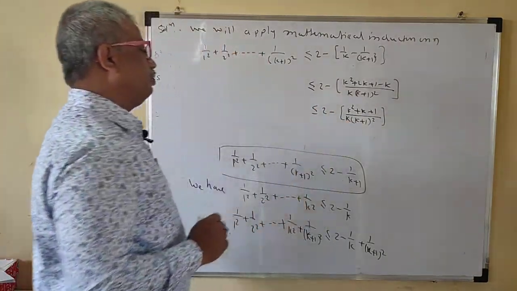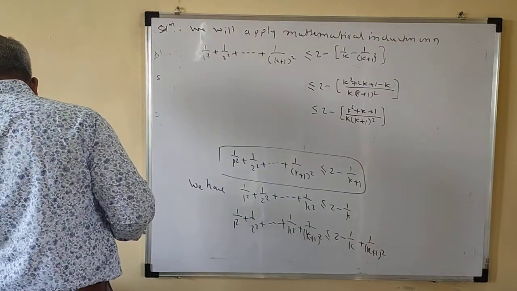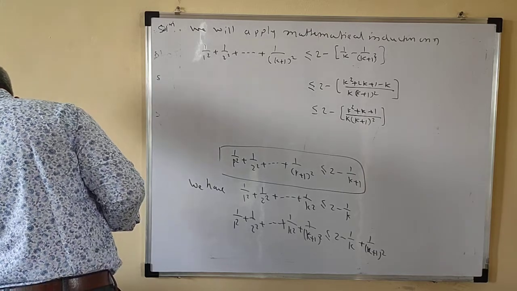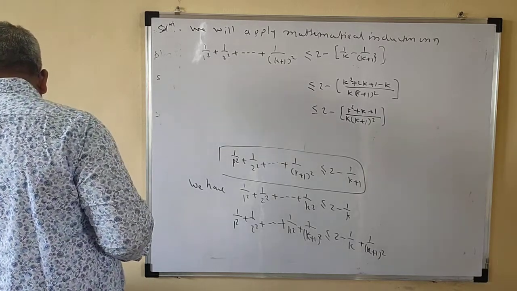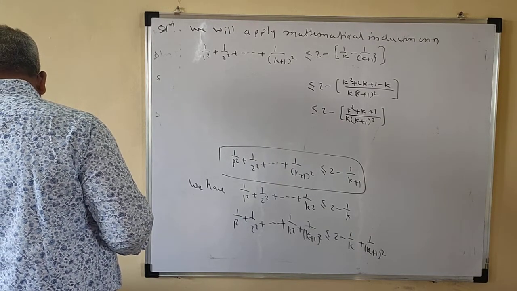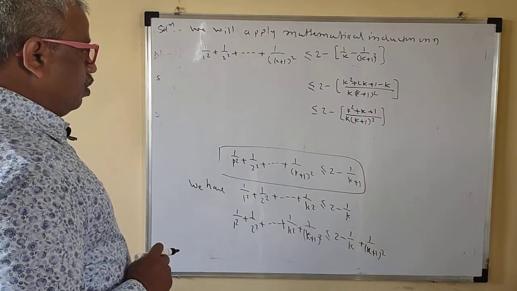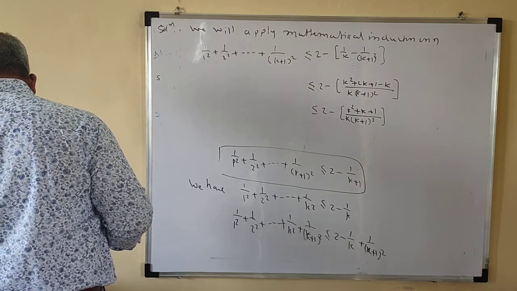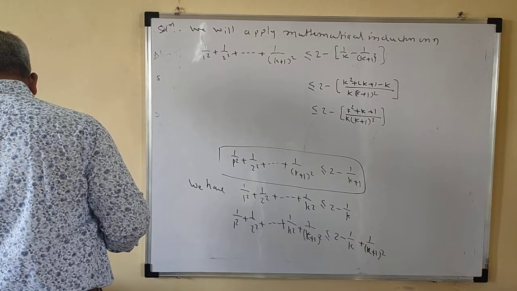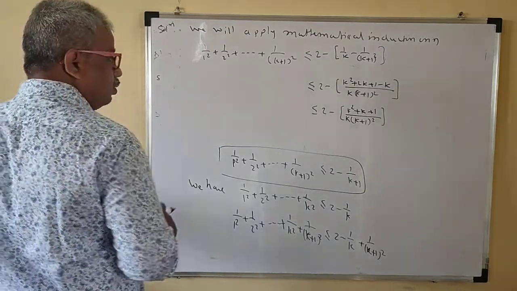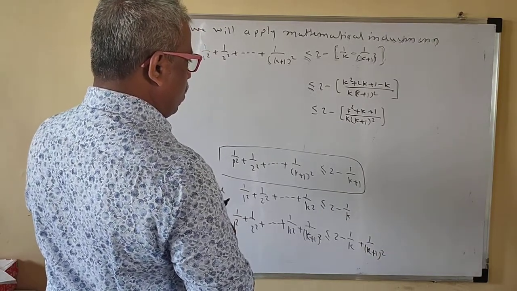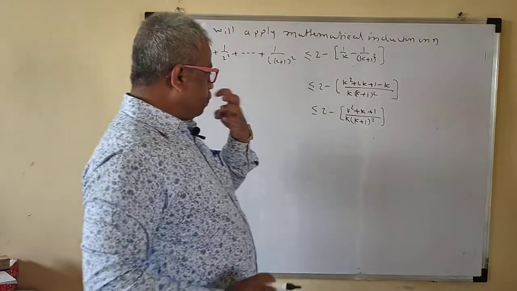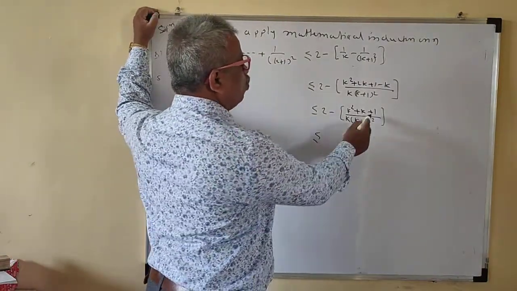So k² + k, and here you have to put k. This is less than or equal to, no problem for this k.